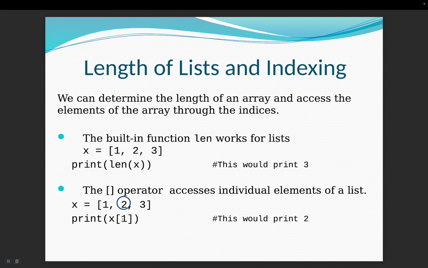If I want to access the element in list X at index 1, we say X square brackets 1, and this will print 2, because the counting for the index always starts at 0. The first position is always 0, then 1, then 2, and so on and so forth.